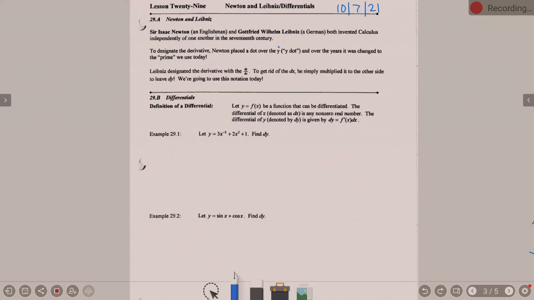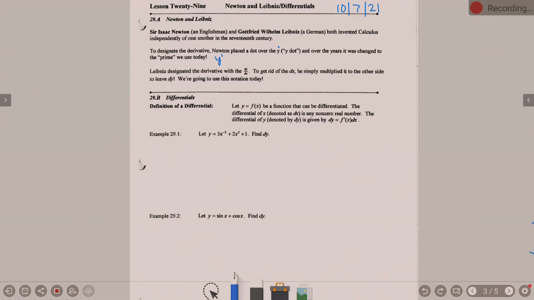Over the years it was changed to prime, which is what we use today with y prime, the mark that looks like an apostrophe. Whereas Leibniz's derivative notation was the dy dx that we use. You've seen that one as well. He designated the derivative with dy dx.